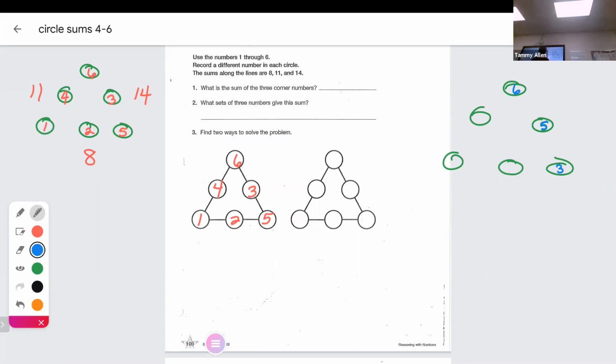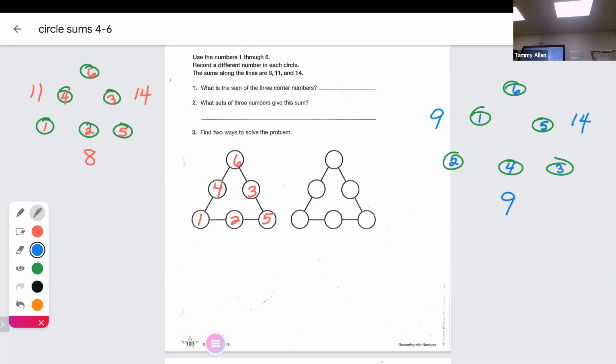The ones that we have left are 4, 2, and 1, right? So I randomly threw those down. So 14 is still over here. What's this total? 9. And what's this total? 9. All right, so that didn't work.